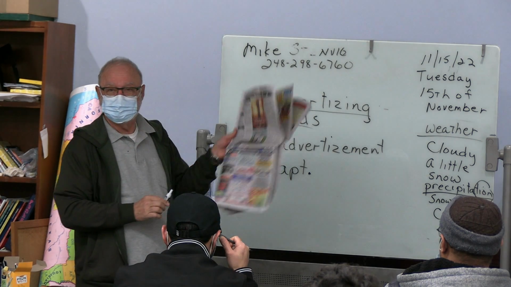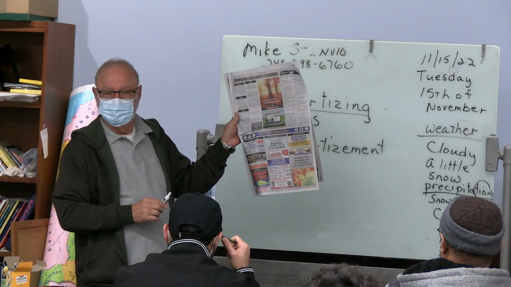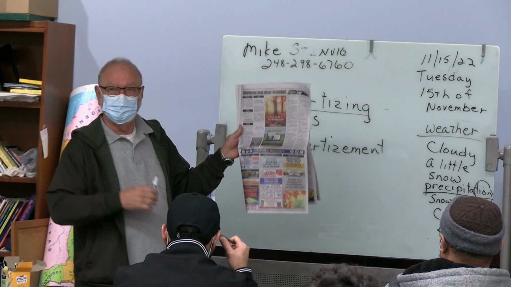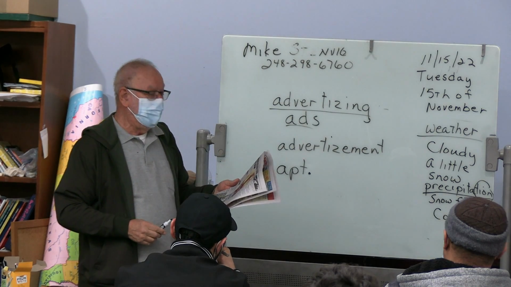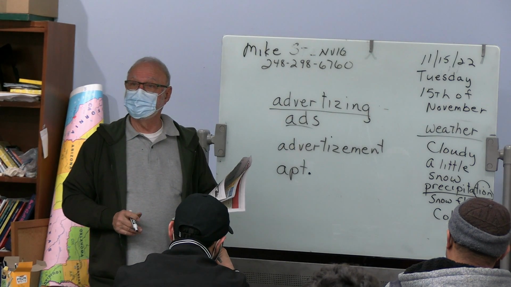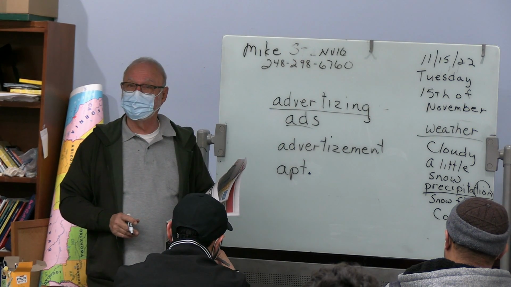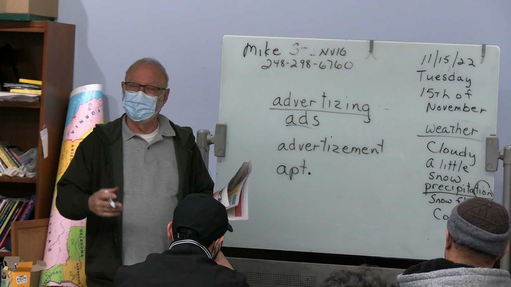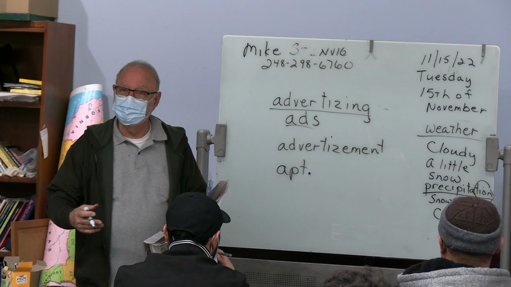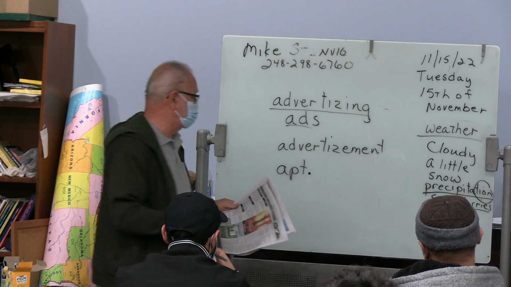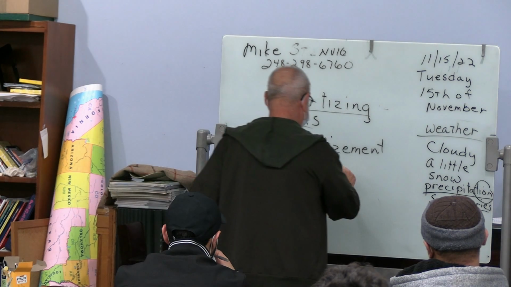These are different kinds of ads where people advertise, and the ones that we practice had to do with houses and apartments for rent or for sale. And they have abbreviated words for things. And like this one.